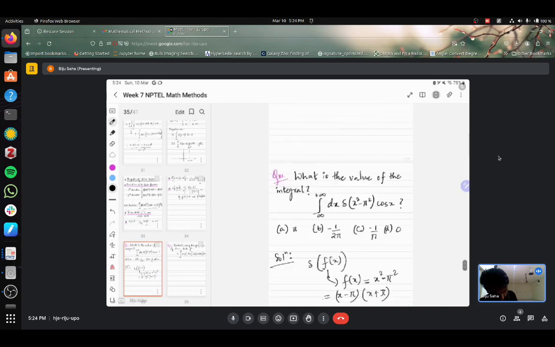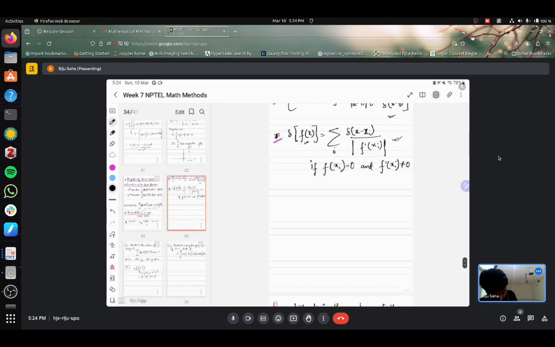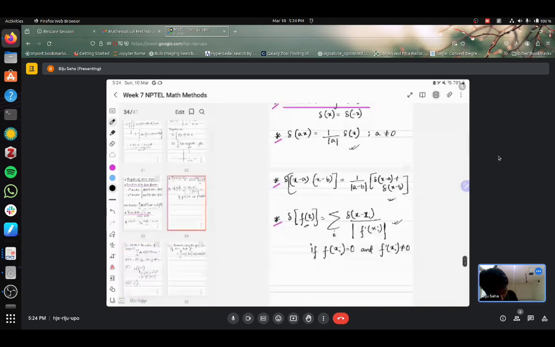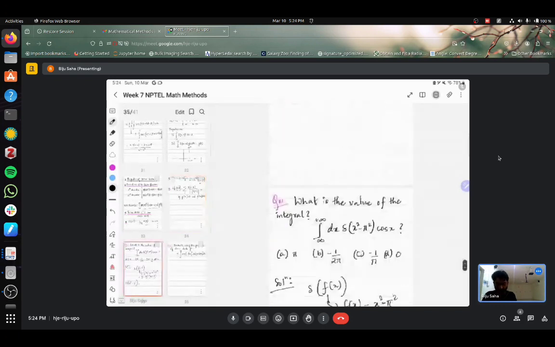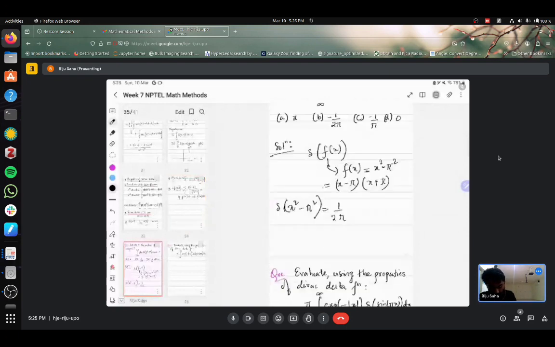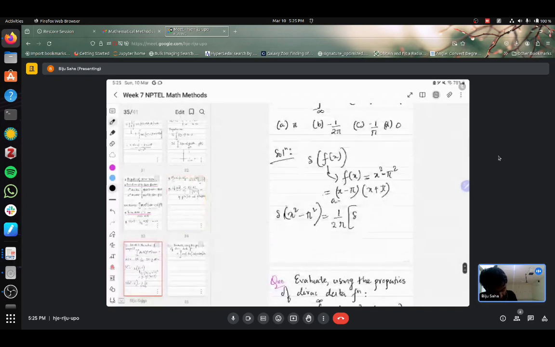Dirac delta of x square minus pi square is equal to 1 by 2 pi times delta of x minus a plus delta of x minus b. So your a is pi and b is minus pi. So you can write x minus pi, x plus pi.